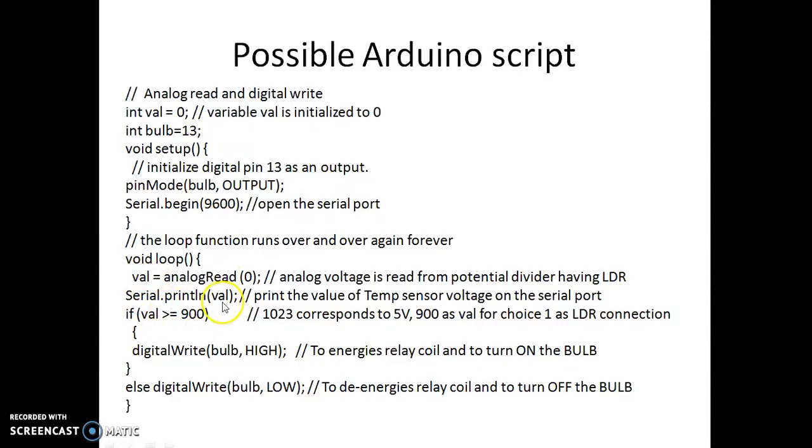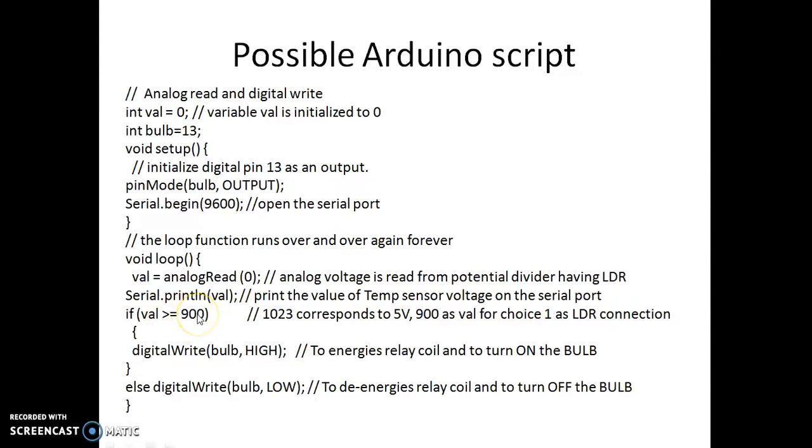Now depending on the type of connection you are making, I will not say that 900 will work for both cases. Depending on the resistance you used in the potential divider along with the LDR, the value to which the condition is verified may be changed.